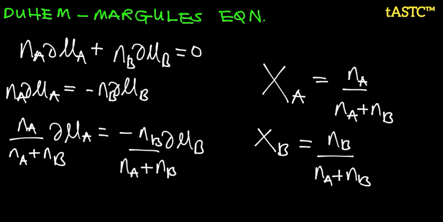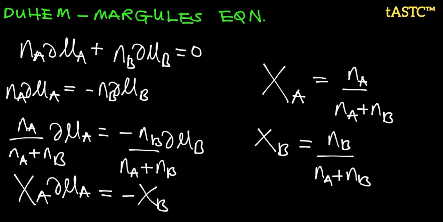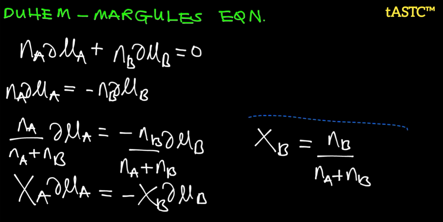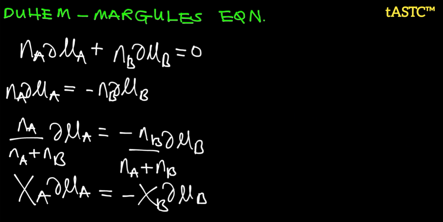Instead of using N sub A divided by what you have below, I'm going to use X sub A. So this will give me something like this: X sub A d mu A, and on the other side, negative X sub B d mu B. Let us call this equation 1.